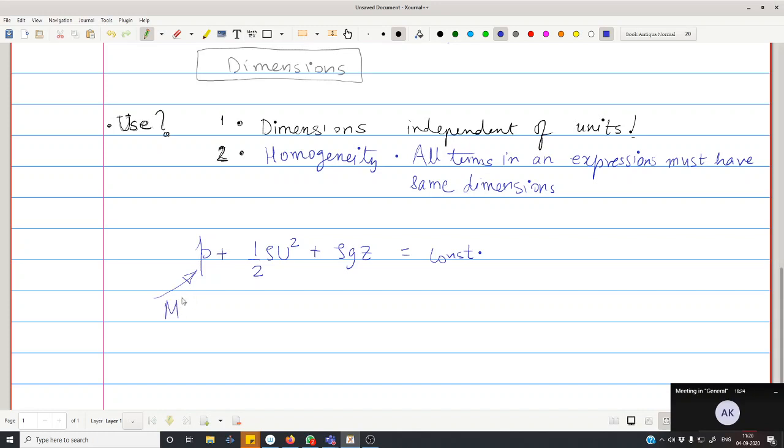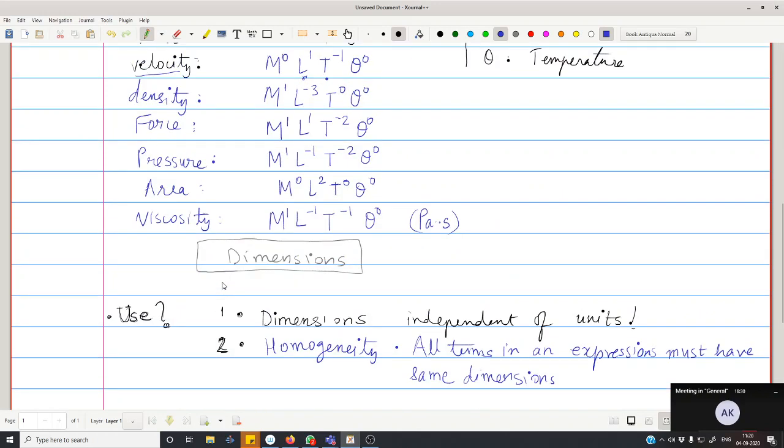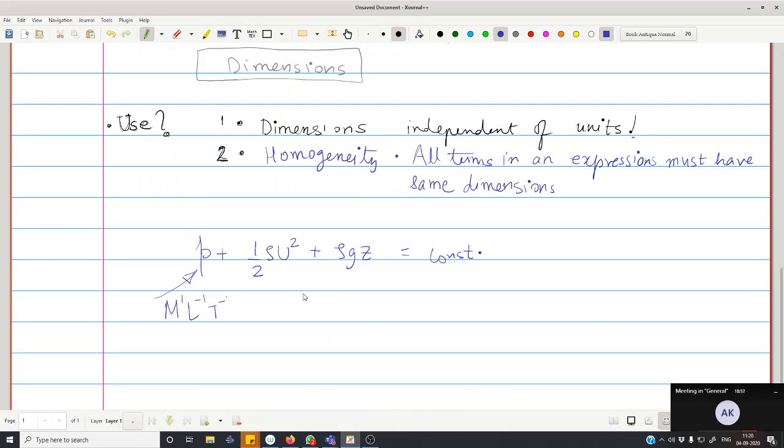What was it? M L T to the power minus 2. Now if you quickly check, the dimensions of rho u square should be exactly equal to the dimension of this. So let us see.